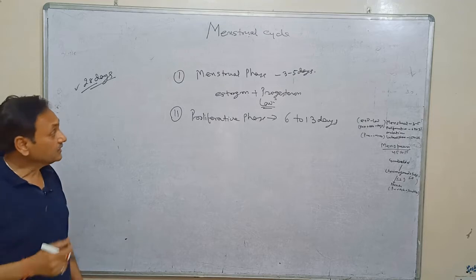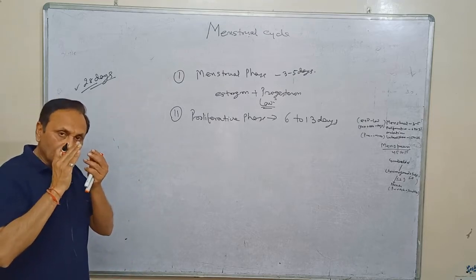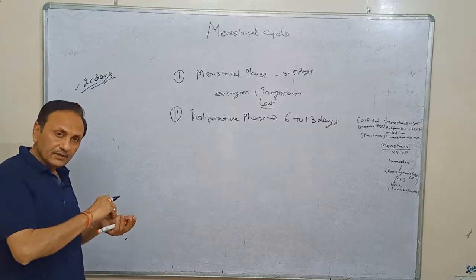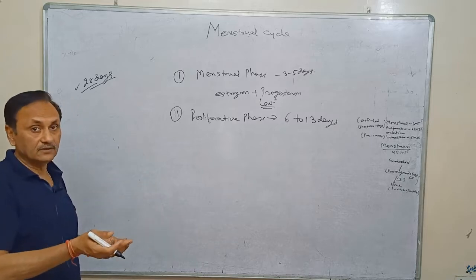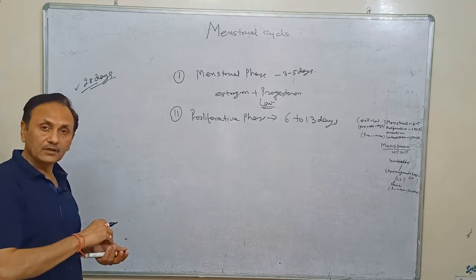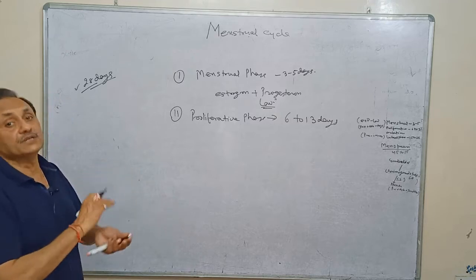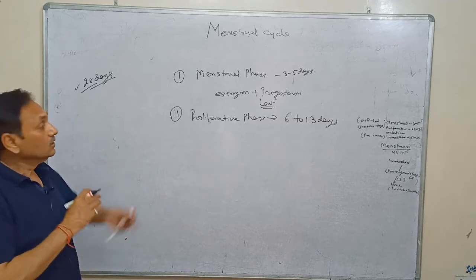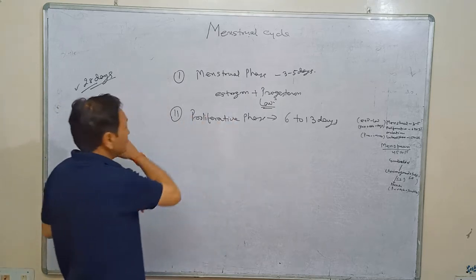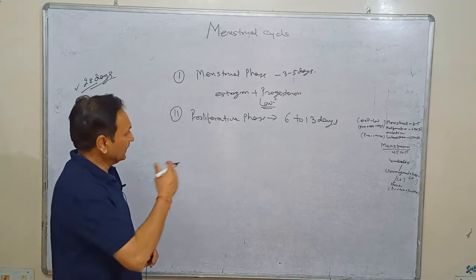You must know that in the female reproductive system, the hormones, the ovarian activity, and the uterine activity, the changes in the uterus and the changes in the ovary, are all interrelated. We have discussed this previously, and I will discuss it with the help of the figure also at a later stage.